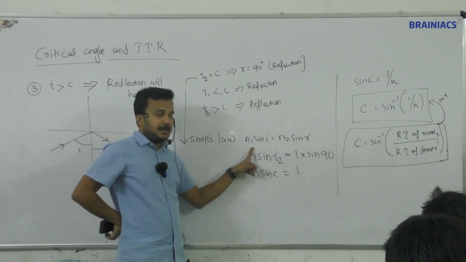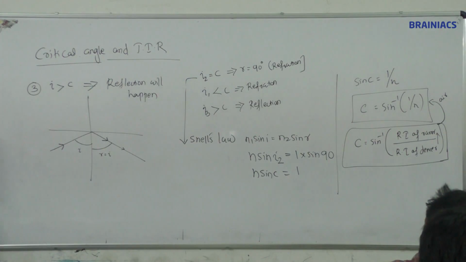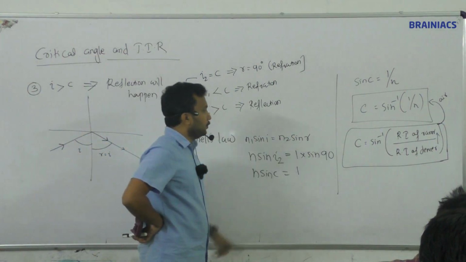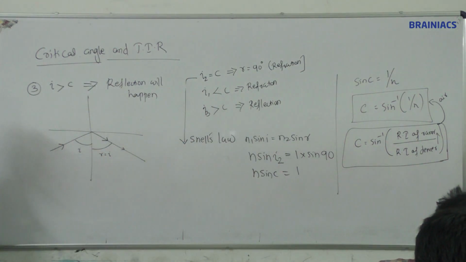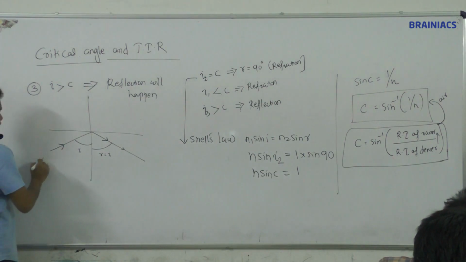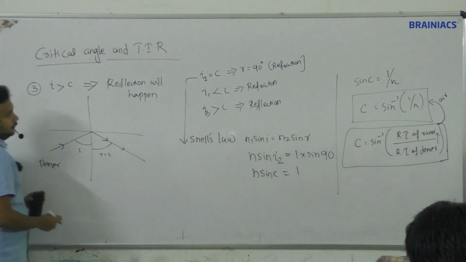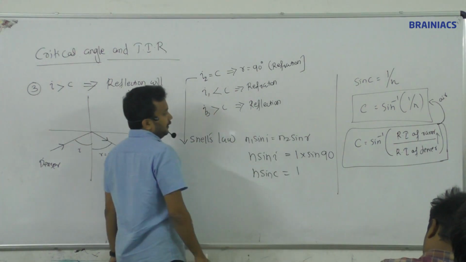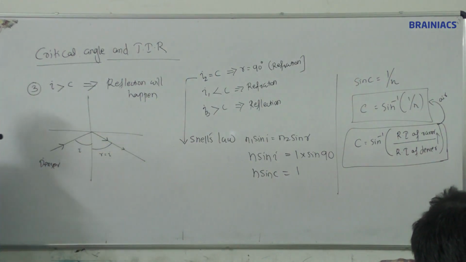According to Snell's law, n1 sin i equals n2 sin r. Then n into sin C equals 1 into sin 90.